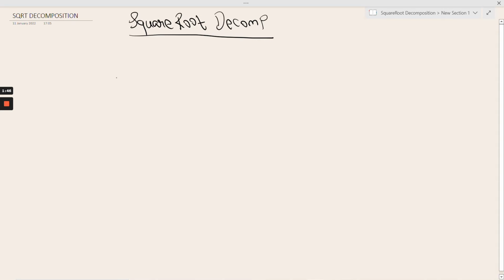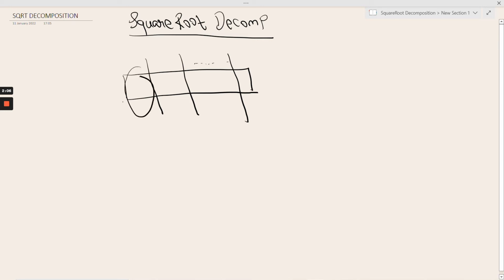Starting with what decomposition means, let us say that we have an array, and we are going to decompose this array into a set of segments. Each of these segments is called a block.